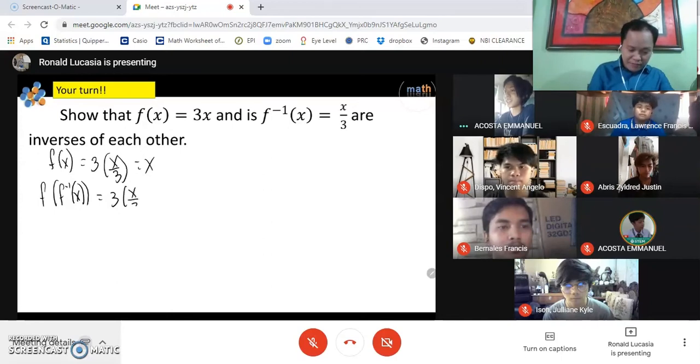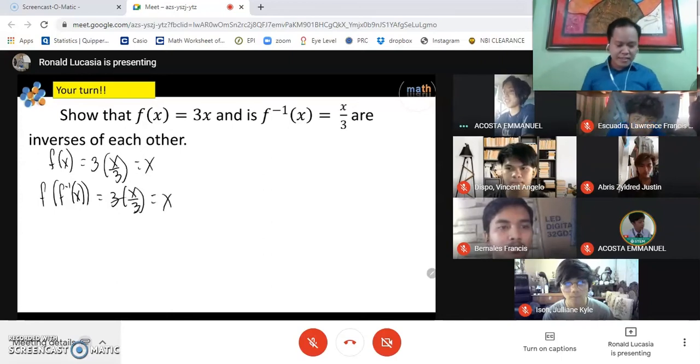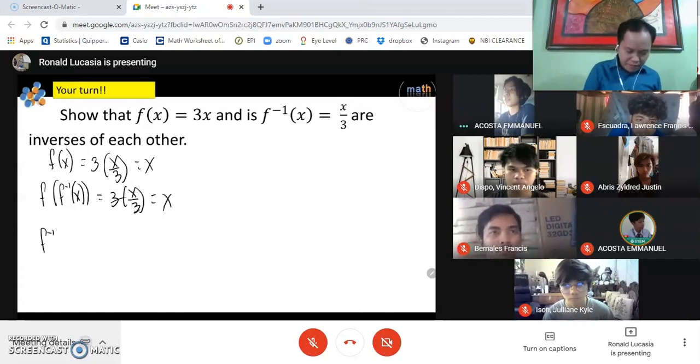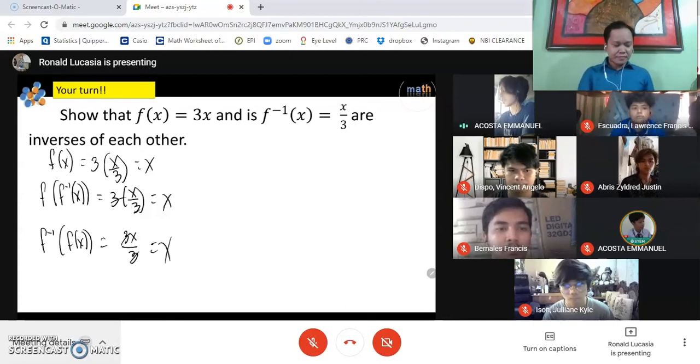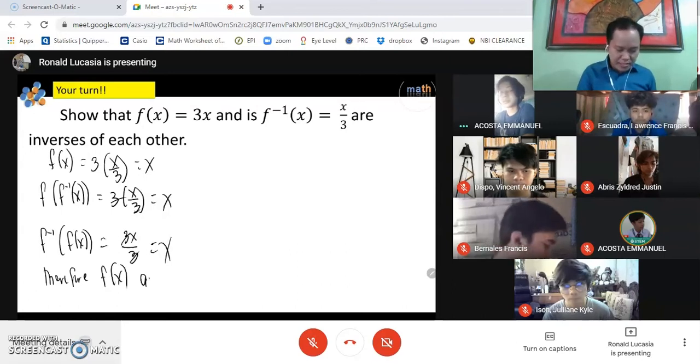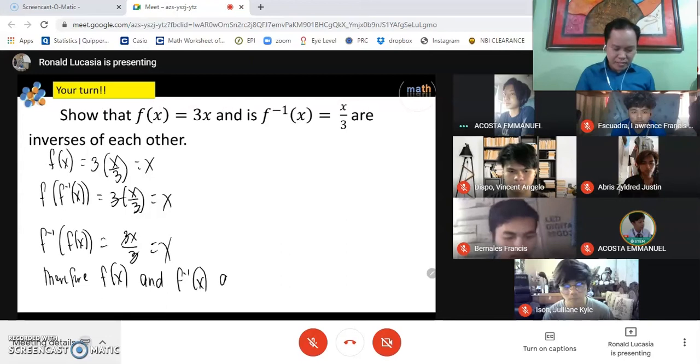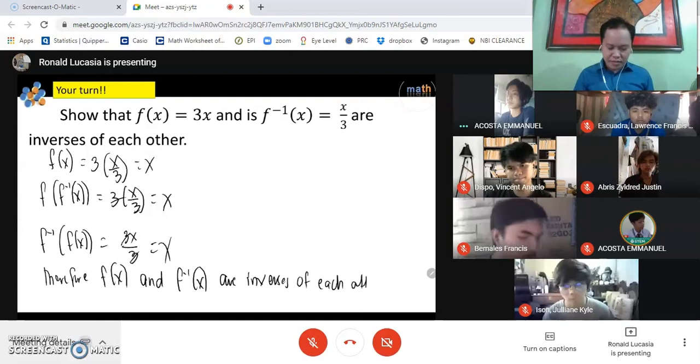Am I correct? And then vice versa, is equal to 3x over 3, which is also equal to x. Therefore, the functions are inverses of each other. Therefore, f of x and f inverse of x are inverses of each other. Okay, now, questions so far?